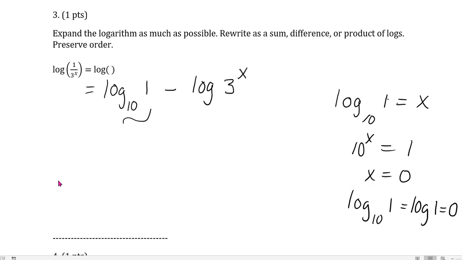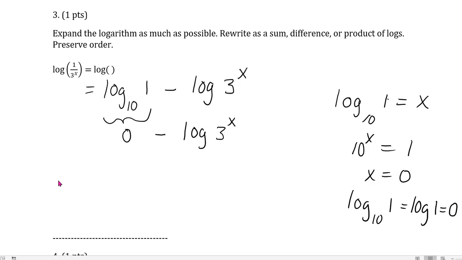We can replace this part then with a 0 so that we come up with 0 minus the log of 3 to the x power. Now, this is what the book wants written next. The other thing we can do, however, in order to continue expanding it, is remember that there is a property that says the power on an answer part can be brought to the front where you have multiplication of the powers.